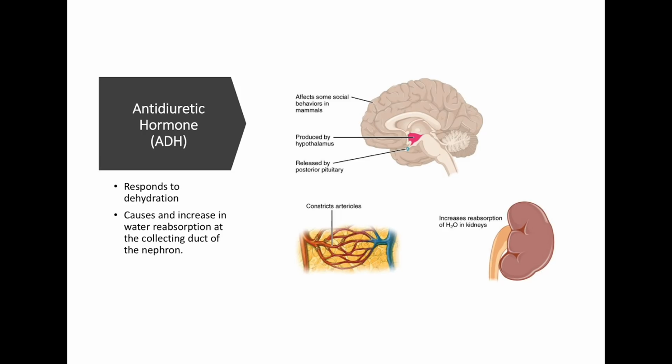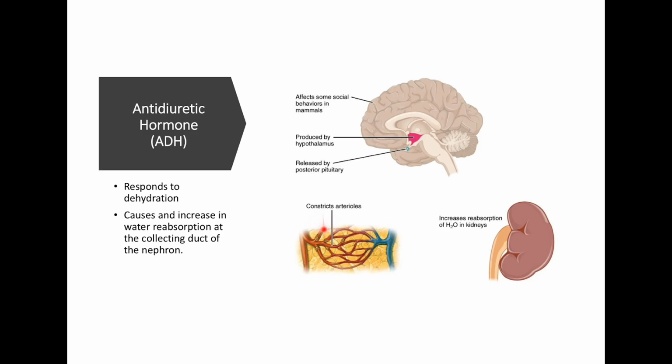Remember what we discussed earlier. If you have low blood pressure, that's not good. And so antidiuretic hormone, or vasopressin, can constrict blood vessels so that blood pressure can be elevated slightly to maintain homeostasis.